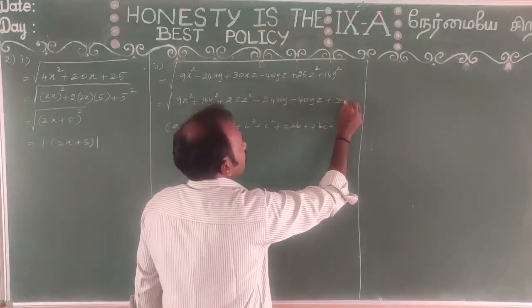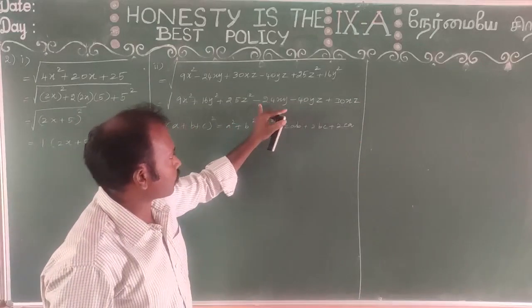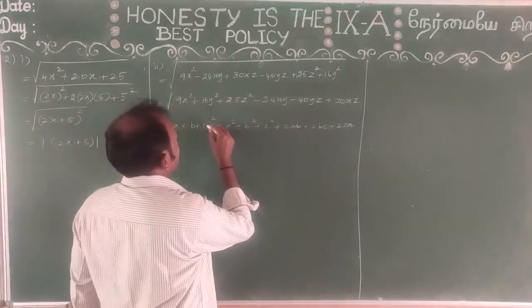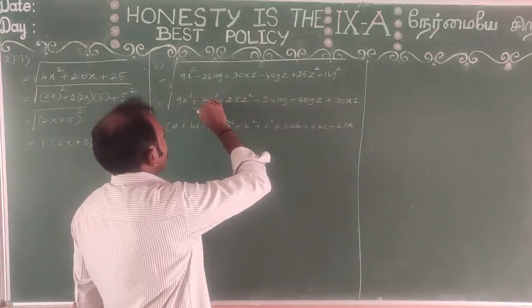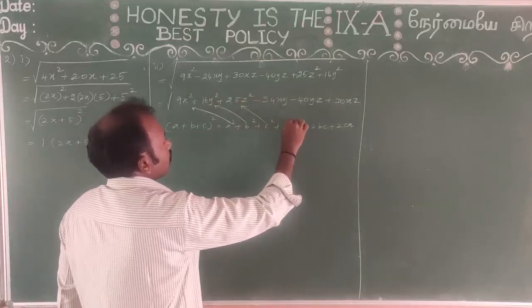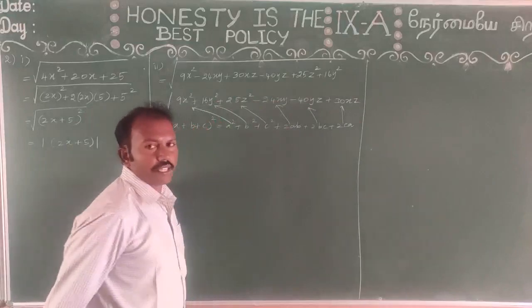In the format, that is a square, then b square, then c square, plus 2ab plus 2bc plus 2ca, right?